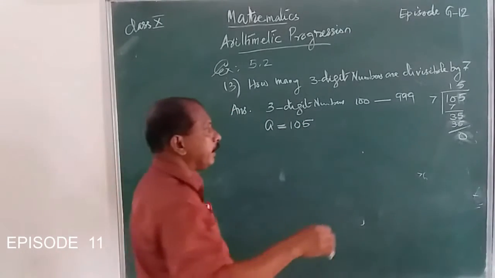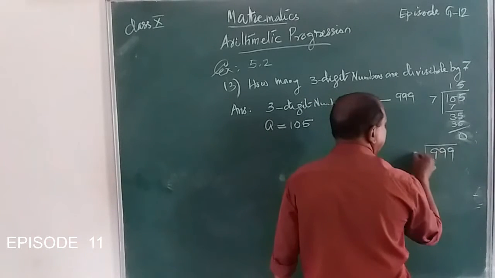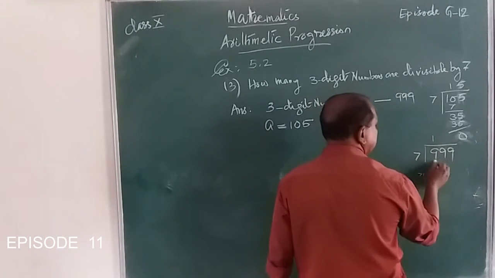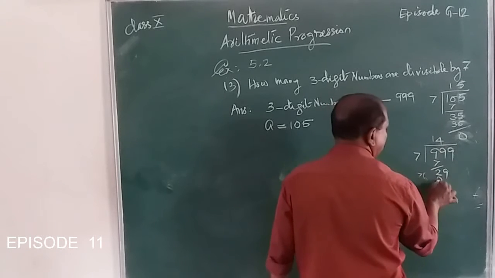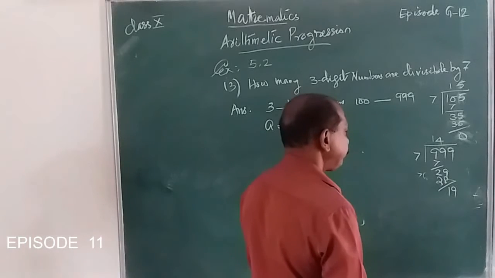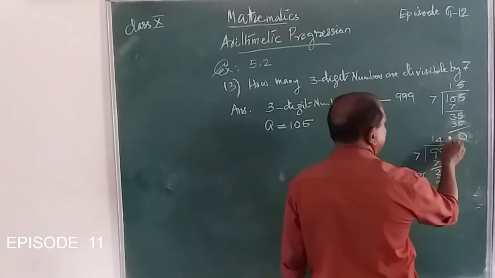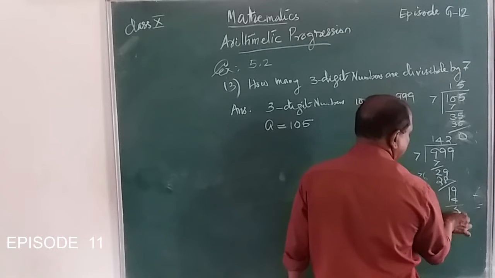Then the last number is 999. Divided by 7. 7 ones are 7. Remainder 2, 29. 7 fours are 28. Remainder is 1.